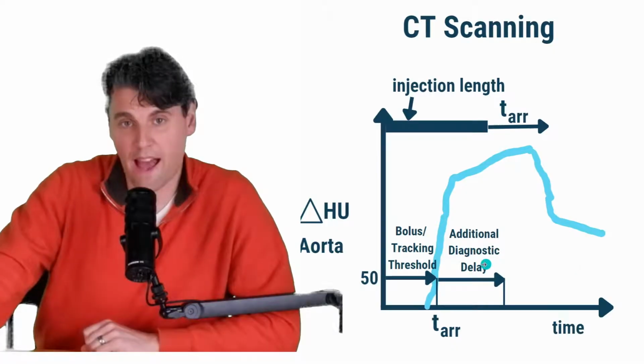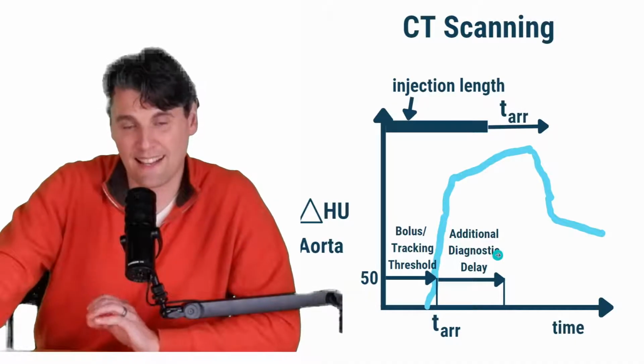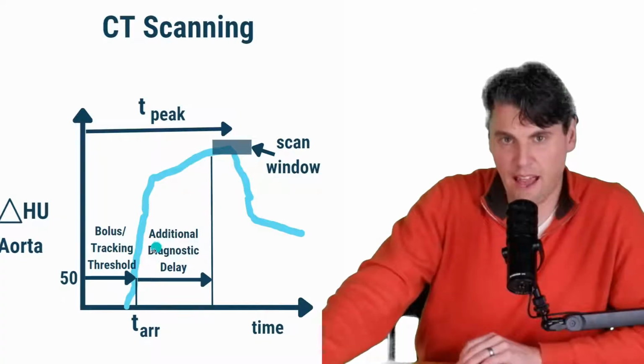Then we also have an offset, which is something we can specify in there. This offset says after the arrival time, wait this long for this given protocol before we start our scanning, also called a diagnostic delay. You can see after our arrival time plus our diagnostic delay, we started our scanning.